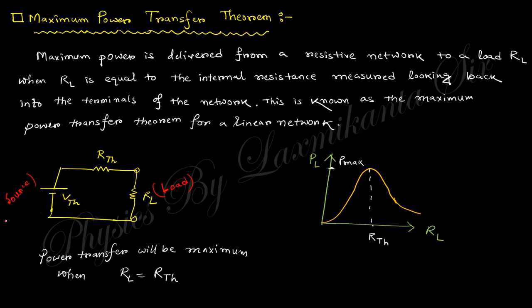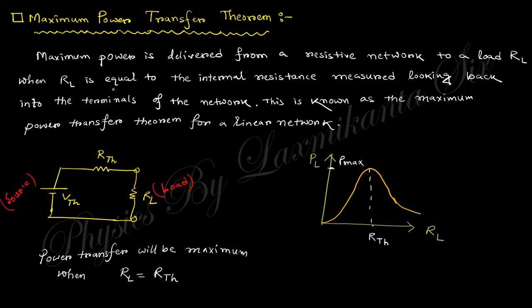If you take this source and load and keep increasing the load, the power supplied from the source will be maximum at a certain point and then decay again. This power will be maximum when the load is equal to the internal resistance. When the internal resistance equals the load resistance, the maximum power is supplied from the source to the load. This is the maximum power transfer theorem.